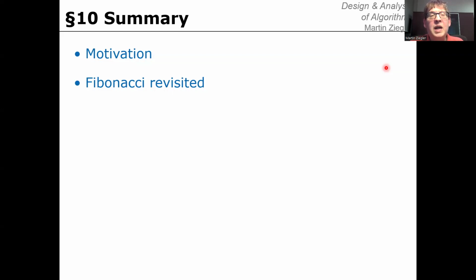Then we reanalyzed these Fibonacci algorithms not from the perspective of running time, but from the perspective of memory use. Again, first counting the number of variables, also implicit during the recursion, and then more closely taking into account how many bits each variable stores. And we visited the Boolean matrix powering problem, devising a highly memory efficient algorithm using two tricks.